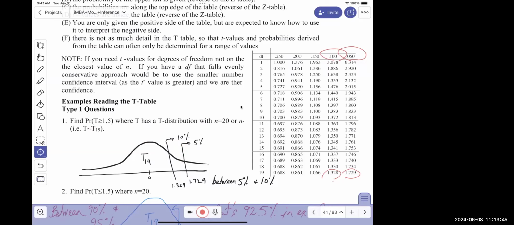That's not what you want. So you're going to use the negative so that it's giving you this side here. That's what Excel does.